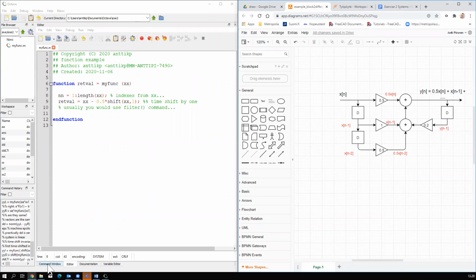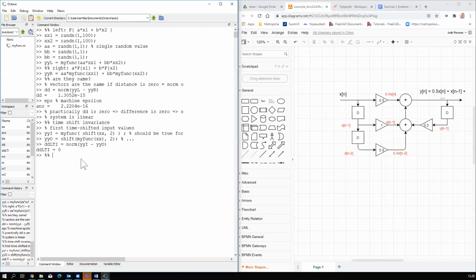So for here, the difference equation itself would be y of n equals 0.5 times x of n plus x of n minus 1, oops, plus 0.5 times x of n minus 2, continues on the next, and then we have plus 0.2 times y of n minus 1.